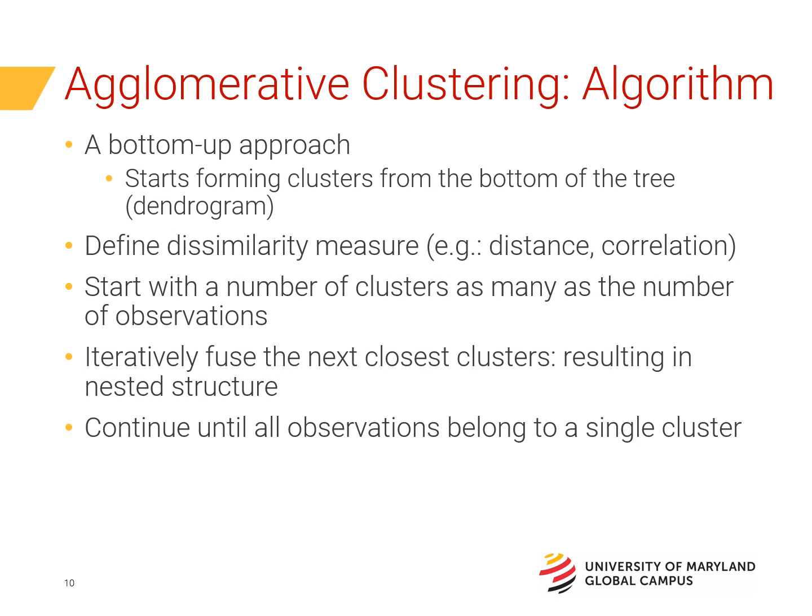It identifies the two closest or most similar clusters based on the chosen dissimilarity measure and merges them into a single cluster. This fusion step forms the foundation of the hierarchical structure, as clusters are progressively combined based on their proximity or similarity. As the algorithm progresses, it continues to fuse the next closest clusters at each iteration.